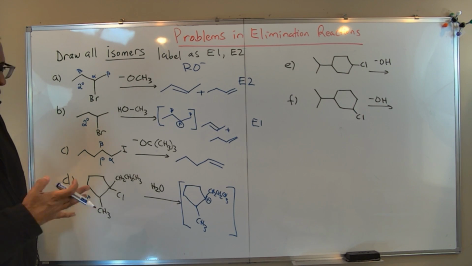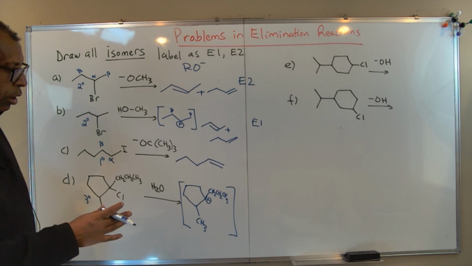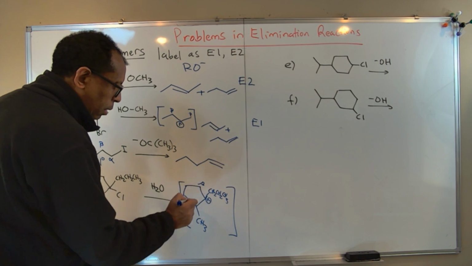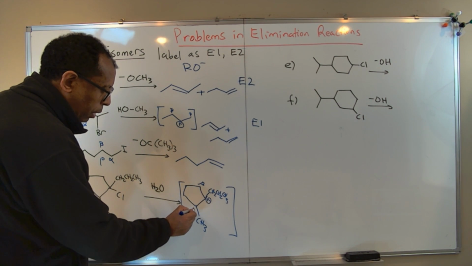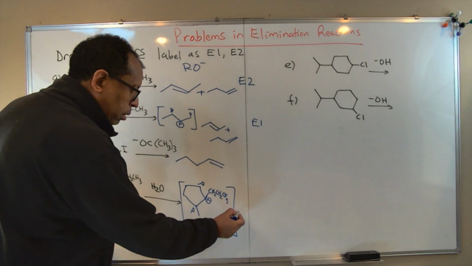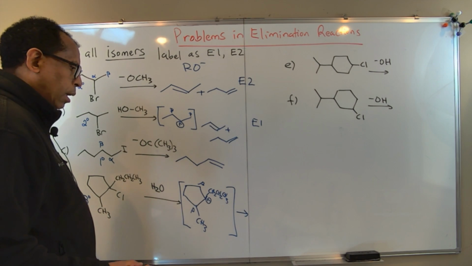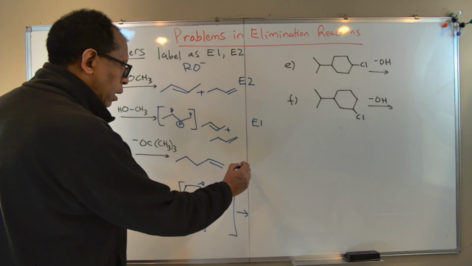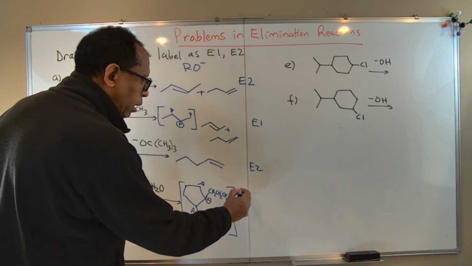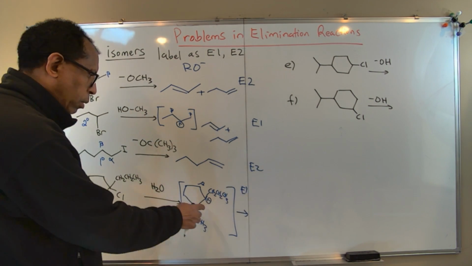Now the elimination can happen from this beta carbon or from this beta carbon, and that is the alpha carbon. Obviously the top one is E2, and this D is E1, which is why you have a carbocation.